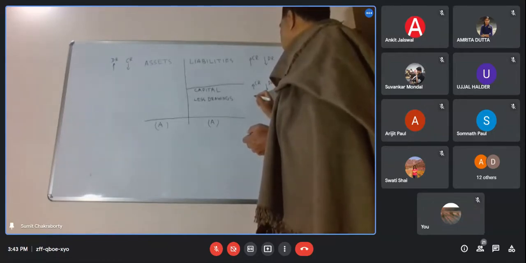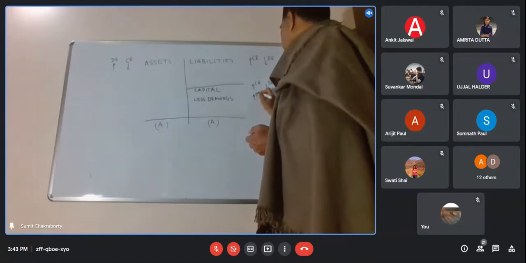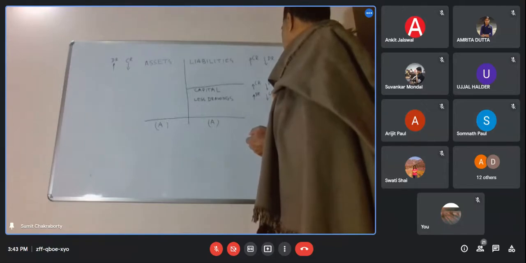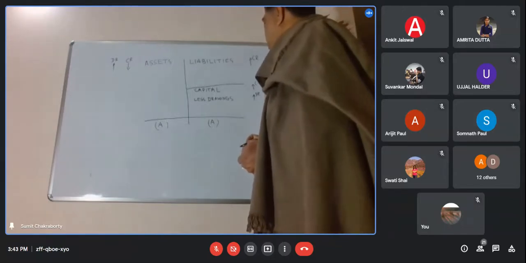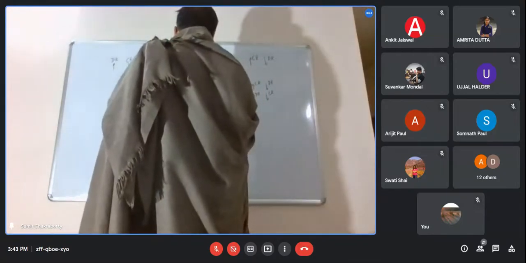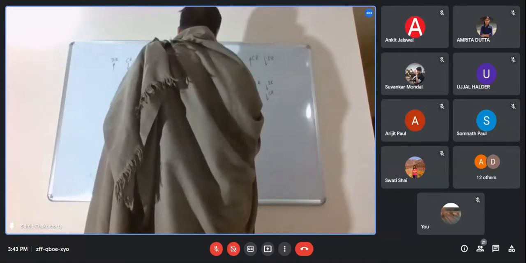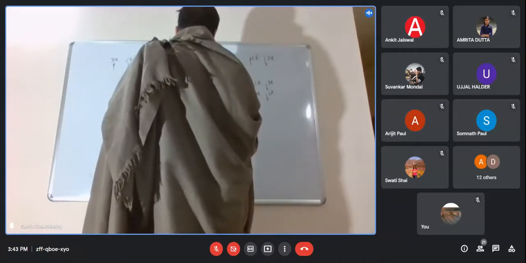Less drawings. So drawings reduces capital: debit decreases credit. Okay. Net profit, net income, net loss.